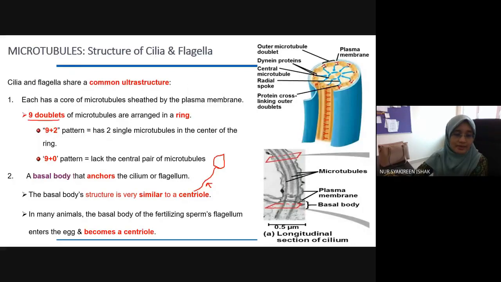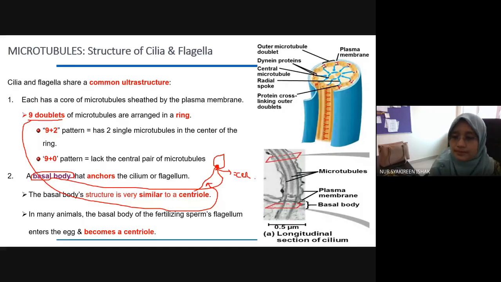Ini arrangement dia 9 doublets, the flagella here. But you have to somehow attach the flagella to the head of the sperm cell. So this attachment is done by the basal body. So you have here basal body. So basal body is here, and the arrangement of the basal body is the same as the centriole, sama dengan centriole. Same as centriole, which is the punya arrangement dia 9 triplets of microtubule arranged in a ring.